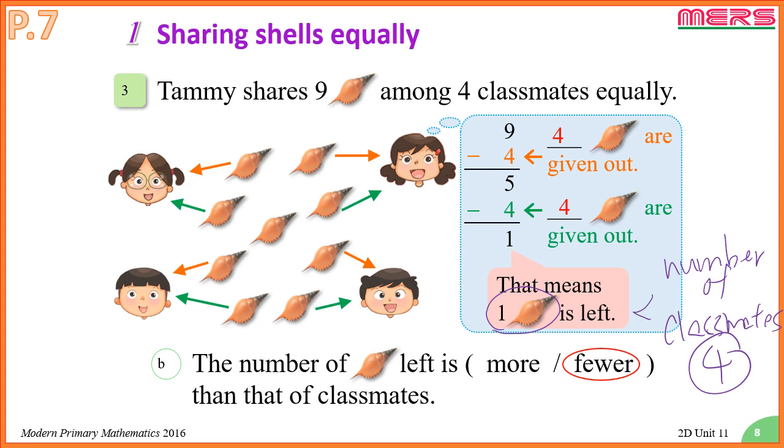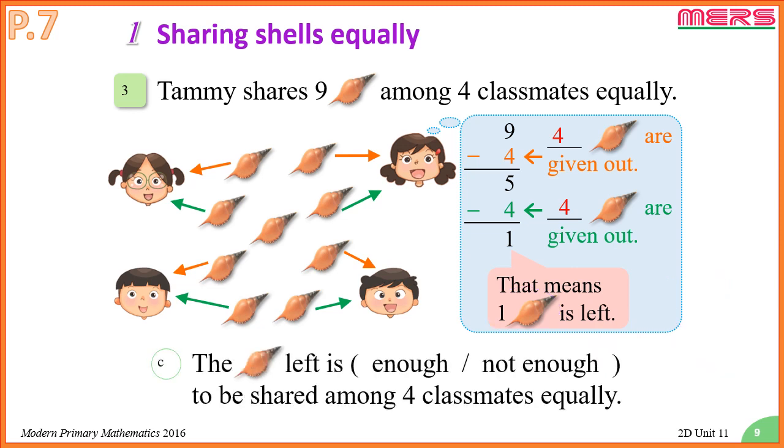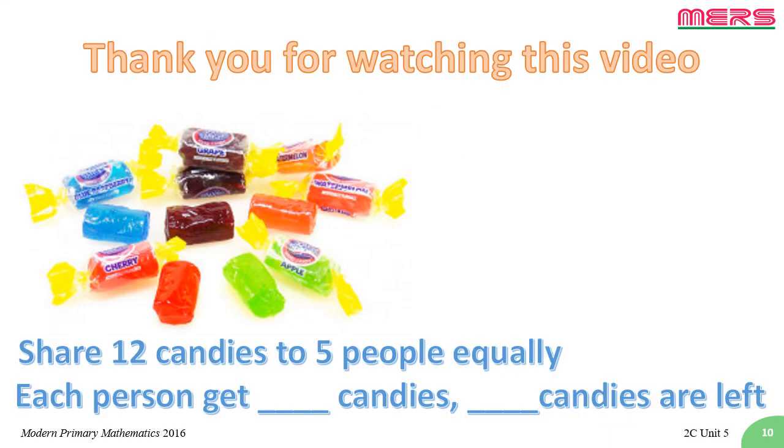The shell left is not enough to share among the 4 classmates equally. Because if you share one shell to one student, you must share a shell to another student as well, because we have to share equally. Everyone has one.